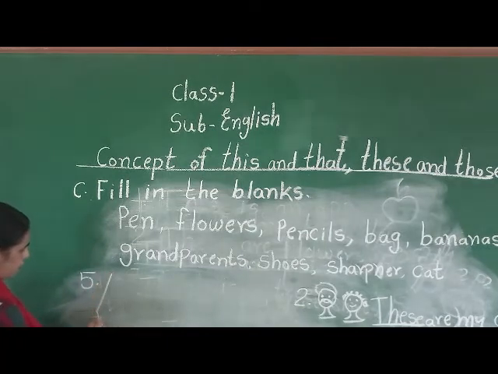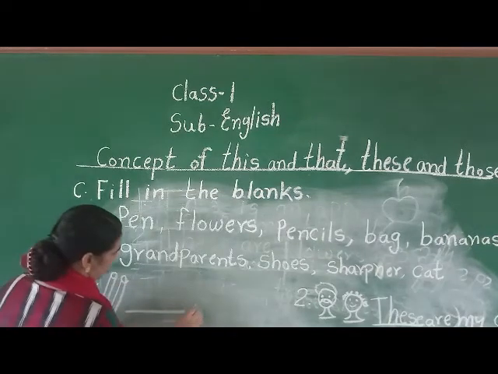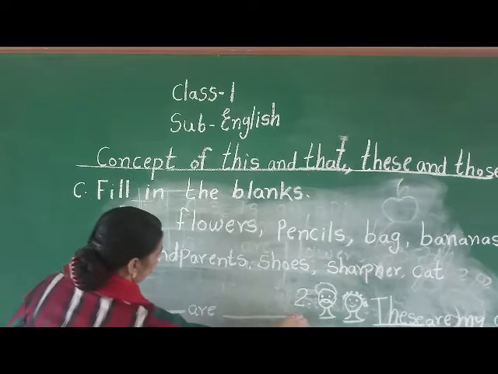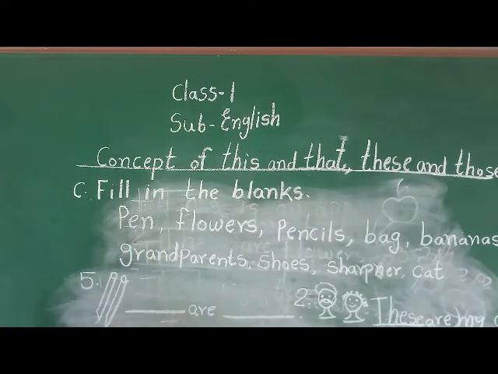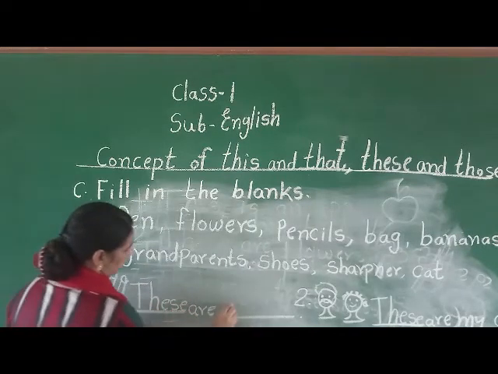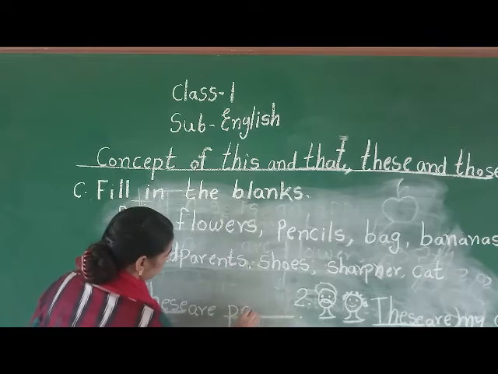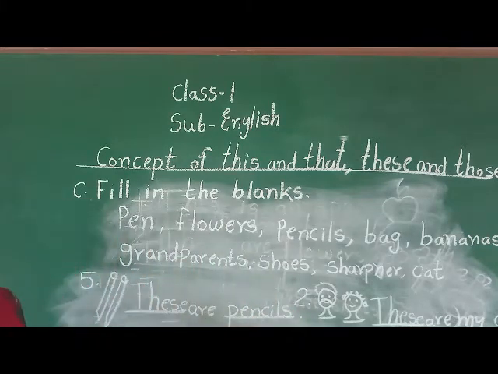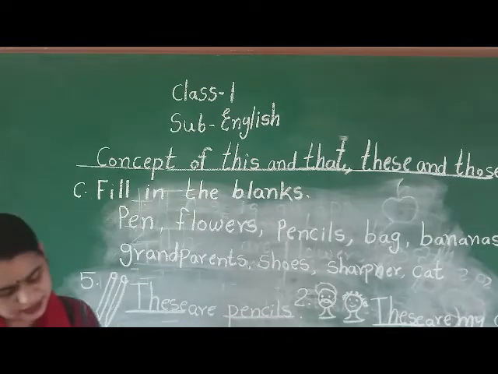There is a picture of two pencils here. Okay, dash are dash, full stop. So what will we write? These are. T-H-E-S-E. These are pencils. P-E-N-C-I-L-S. Pencils. These are pencils.